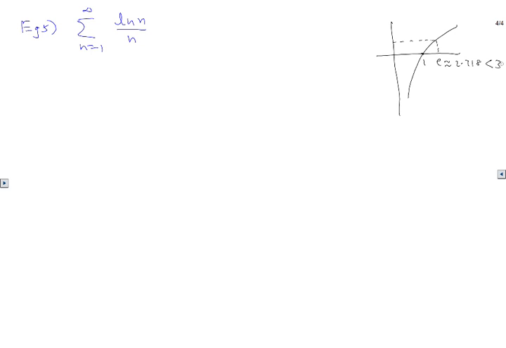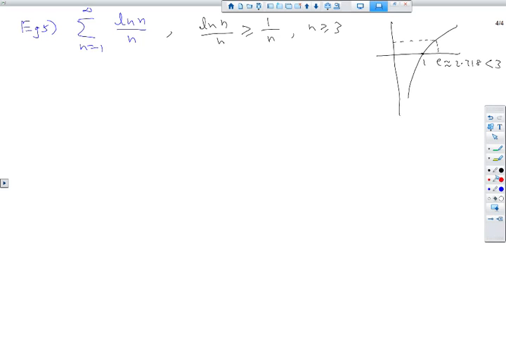You notice that ln n over n is bigger than 1 over n if n is greater than or equal to 3. But you know that you can ignore the first million terms of a series. That still doesn't change the convergence or divergence. It changes the sum, of course, but it doesn't change the convergence or divergence.